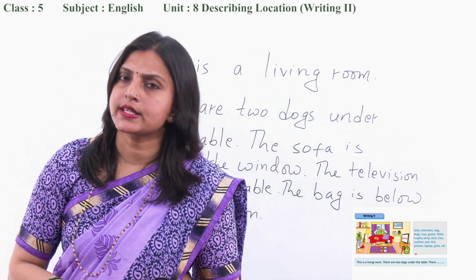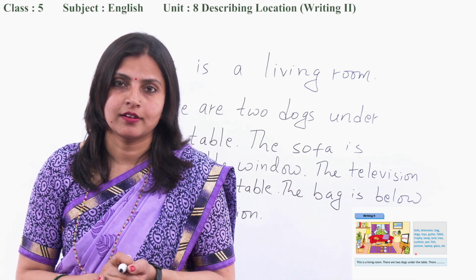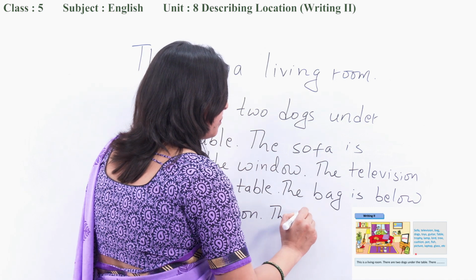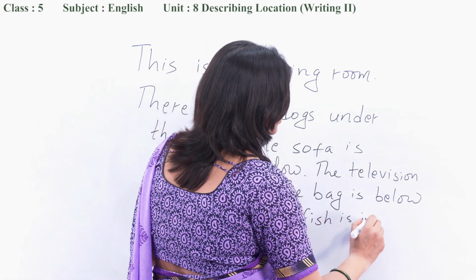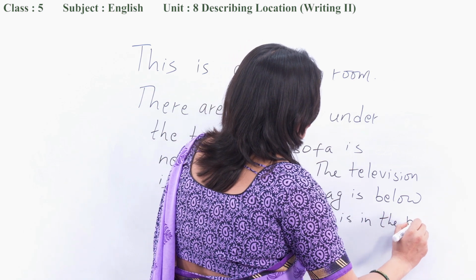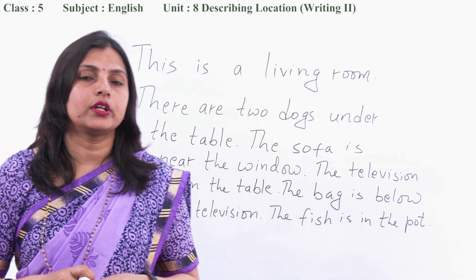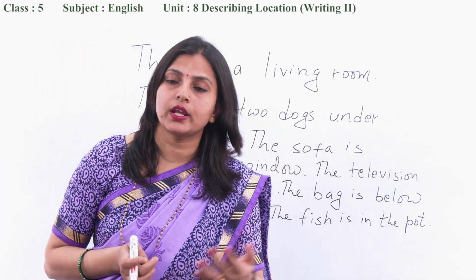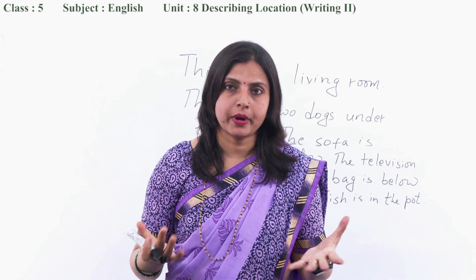So what more things can you include? Where is the fish? Yes, the fish is in the pot. Good. Okay, the fish is in the pot. So you should go on including these things, more things you can add, and then you can develop it into a paragraph.